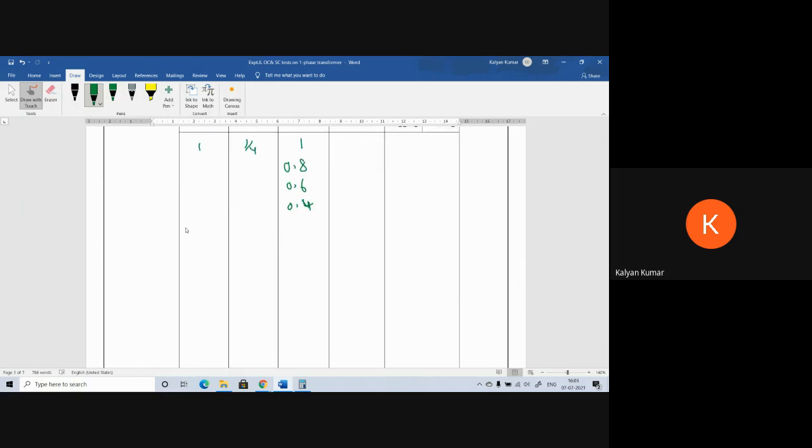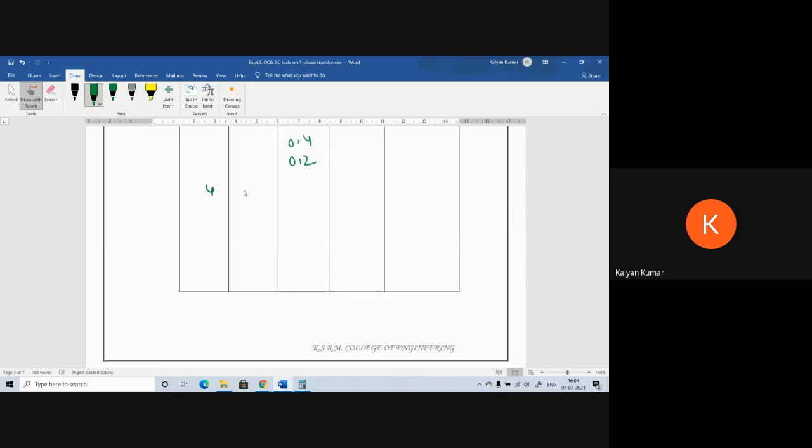Similarly, for half full load, unity, 0.8, 0.6, 0.4, and we can also do 0.2. Next, 3/4 full load, unity power factor, 0.8, 0.6, 0.4, 0.2. Next, full load, unity power factor, 0.8, 0.6, 0.4, 0.2.